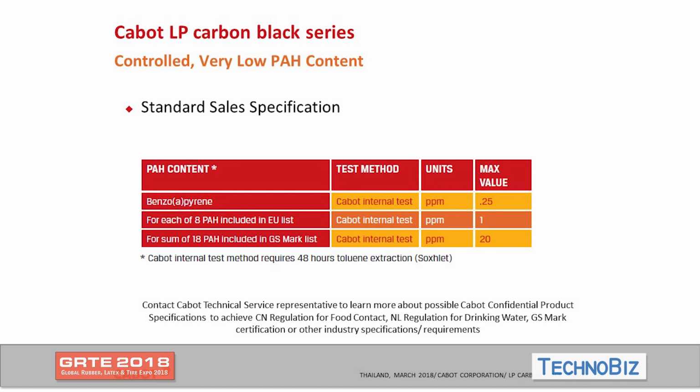I want to highlight here, as I previously introduced, the Cabot test method is probably the most strict one in the world. Based on our test result, the control point is a maximum of 0.25 ppm for benzo[a]pyrene. For each of the 8 PAHs, including the EU list, the specification is less than 1. And for the summary of the 18 PAHs, including the GS mark list, it is 20. So this is the specification we provide for these 3 LP grades.